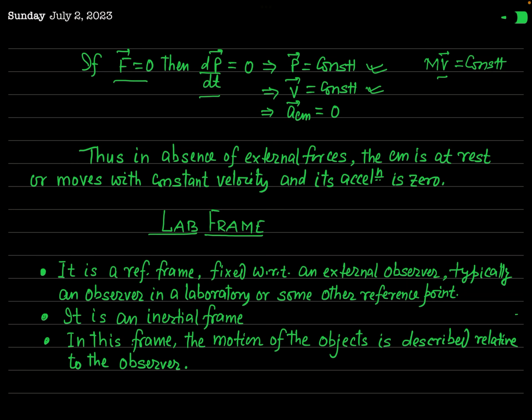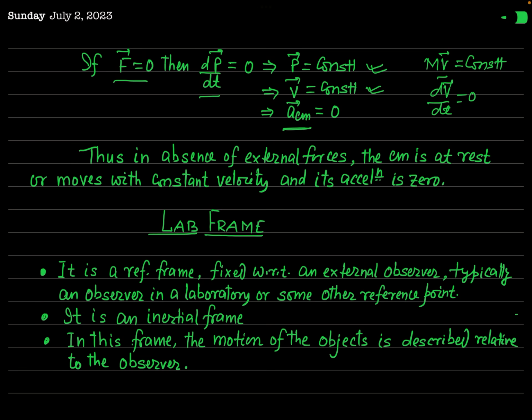It means when net external force applied on the system is 0, then the center of mass will be either at rest or in motion with constant velocity. And if velocity is constant, you know dv by dt will be what? That will be 0. But dv by dt is acceleration of the center of mass. So acceleration of center of mass will be 0.